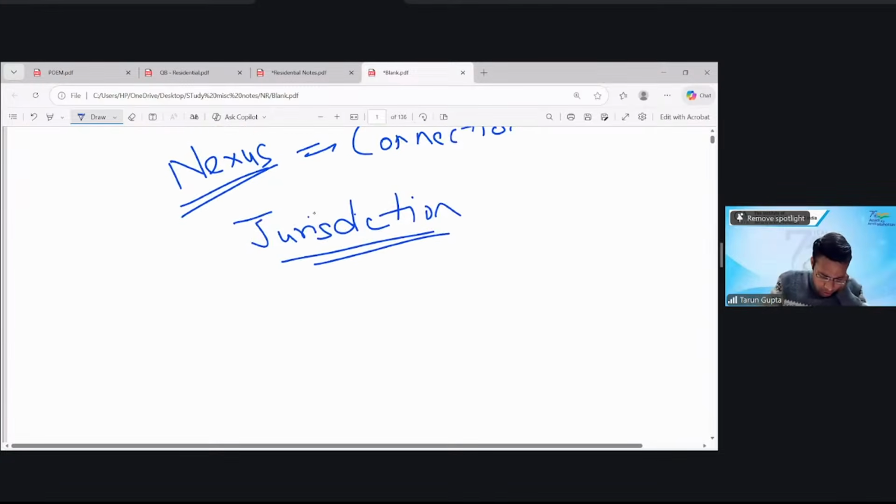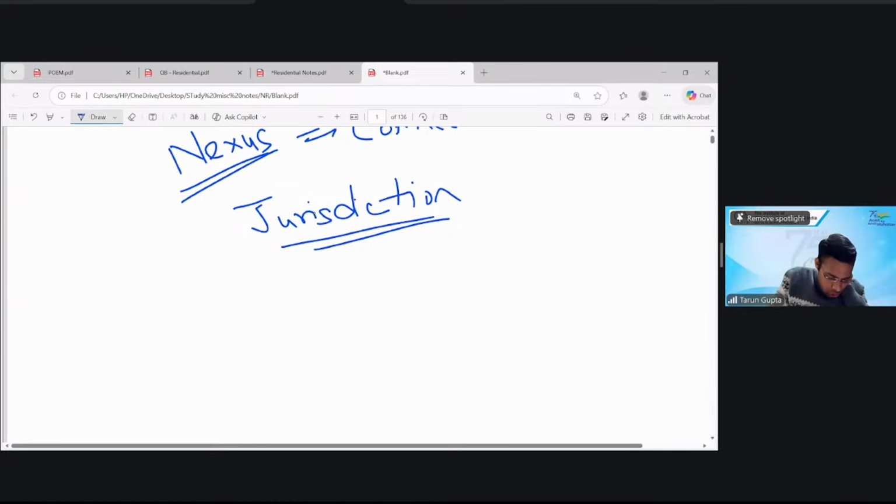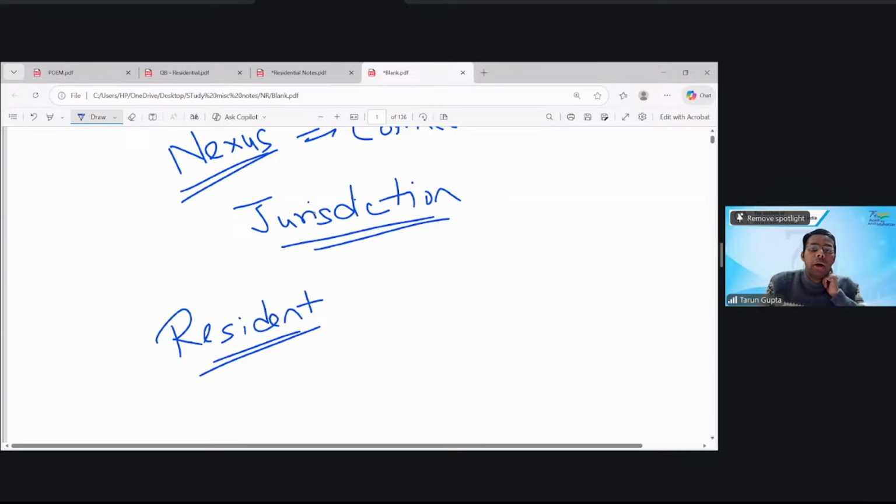Assuming Mr. John is a resident in India, then India, of course, can enforce the levy of tax on Mr. John. Why? Because now India has control over Mr. John, since he's a resident in India. He must have an asset or something in India, so India has control over the assets and can recover tax from such assets.